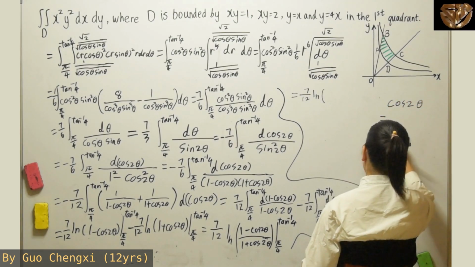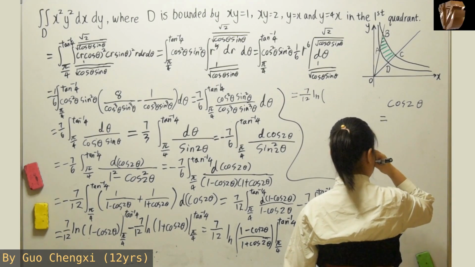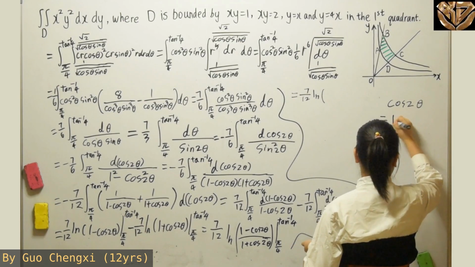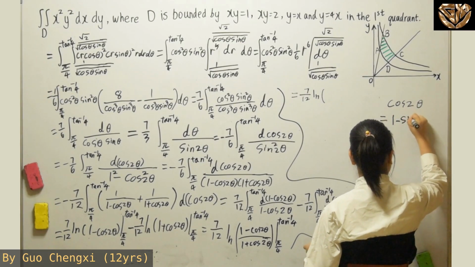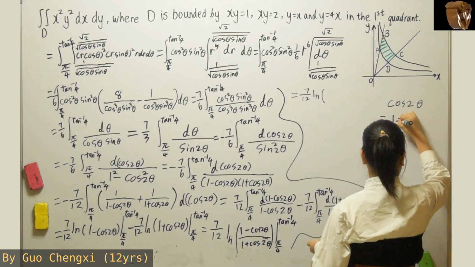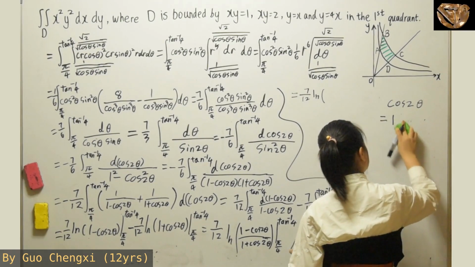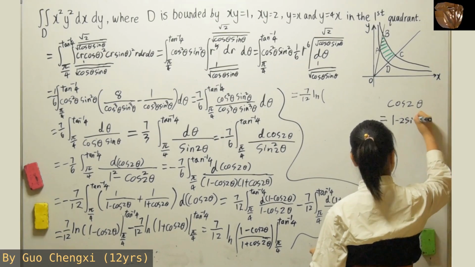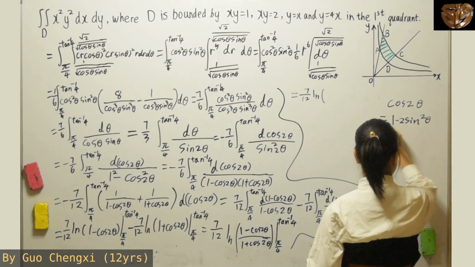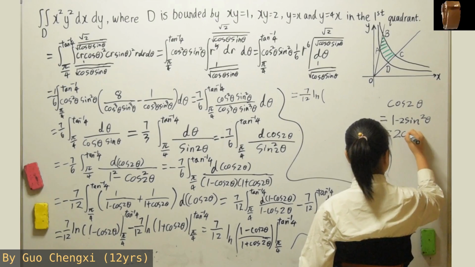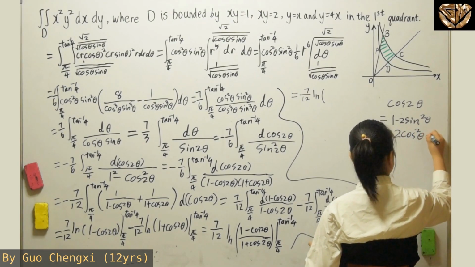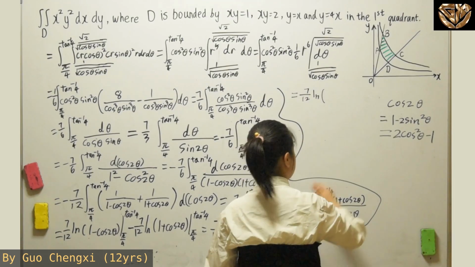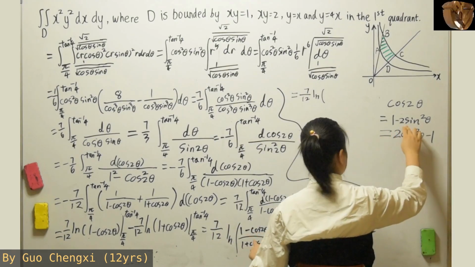Cosine 2 theta being cosine square theta minus sine square theta, it is basically like this, okay? And now that we have gotten this, we can substitute this.